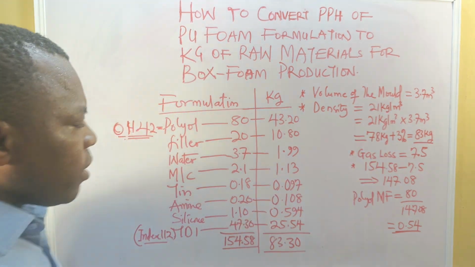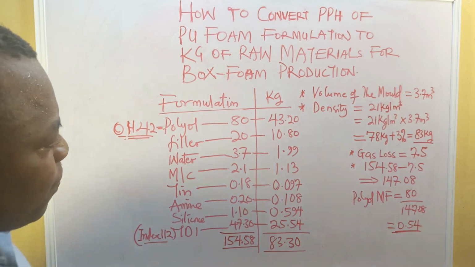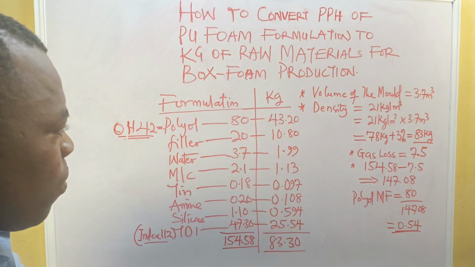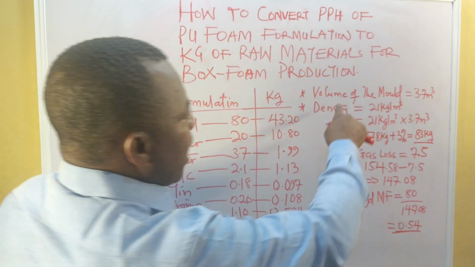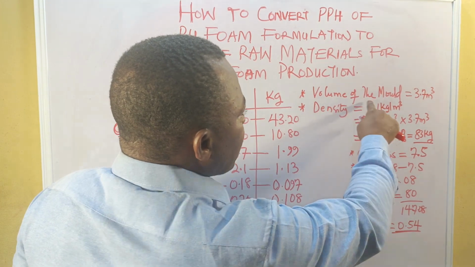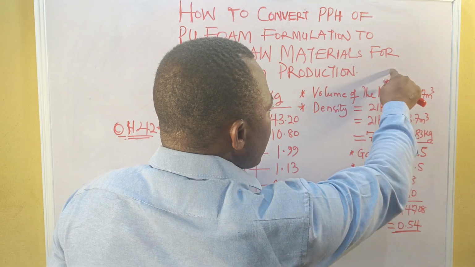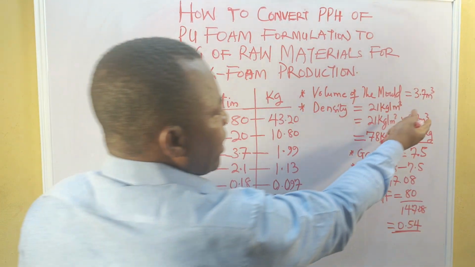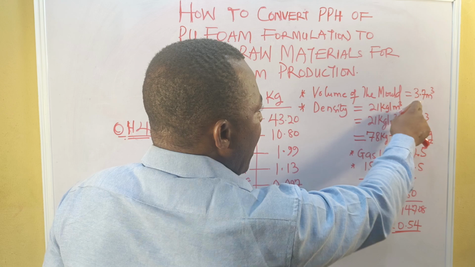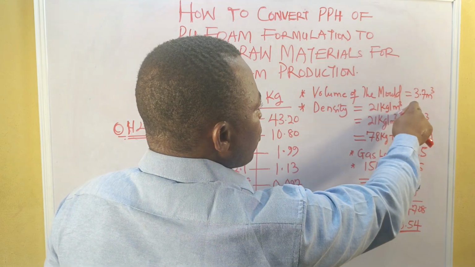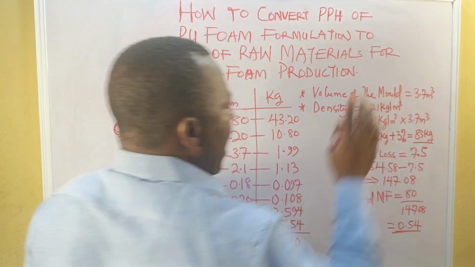Now we want to calculate the total mass of the raw material that will take this volume of that mold to a certain height. In terms of this, we have added the height. The height here, let's assume you need 44 heights.